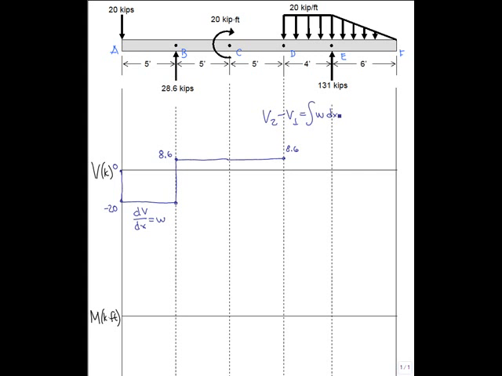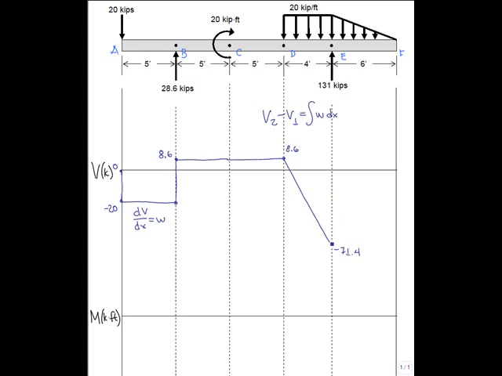Area under the load curve being 20 kips per foot times 4 feet, or a total of 80 kips. Beginning at 8.6, our load is pointing down, therefore we end up at negative 71.4 kips, with a straight line connecting those 2 points.